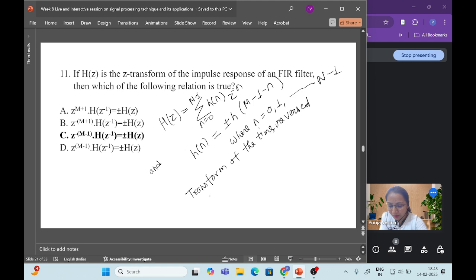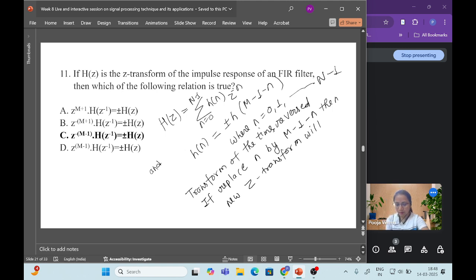So if we replace n by M minus 1 minus n, then the new Z transform in this equation, we also put Z inverse in place of Z. We can represent it by shifting and time reversing, so it is represented by H of Z inverse.